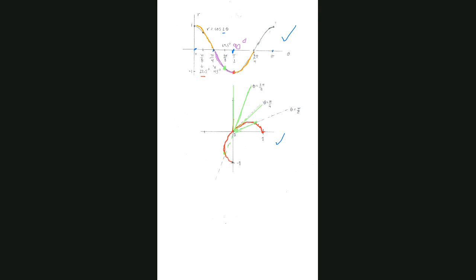So like for instance here, this value here, halfway between pi over 2 and 3 pi over 4, is 5 pi over 8. Just average the two. You know how to take an average, and you'll get 5 pi over 8.